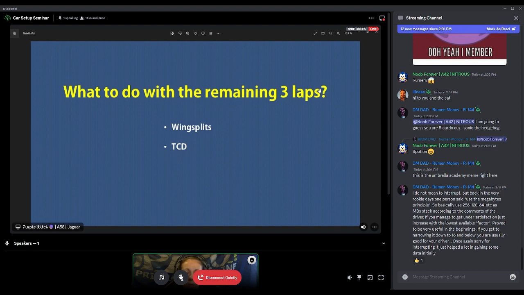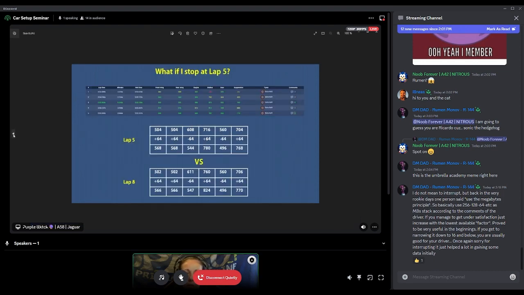That means that, for example, here we have a value of 566. What happens if for the front wing I use a value of 500, and for the rear wing I use a value of 626, for example, or 632? That would be adding 66 points to the central value of the wings.